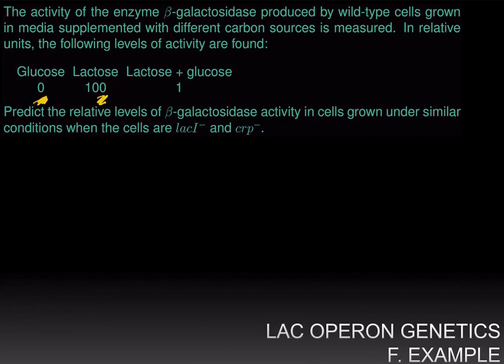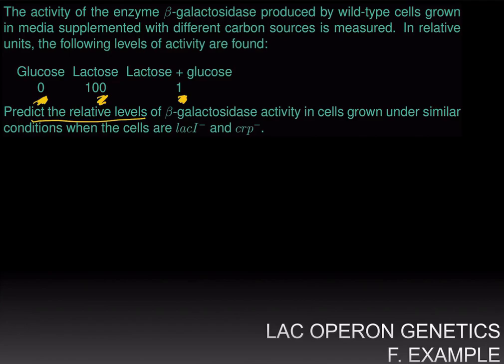With only lactose, there is a level of 100, and with both lactose and glucose, there is a small amount of activity, a level of 1. And we are asked to predict the relative levels of beta-gal activity in cells grown under similar conditions when the cells are Lac-I minus and CRP minus.